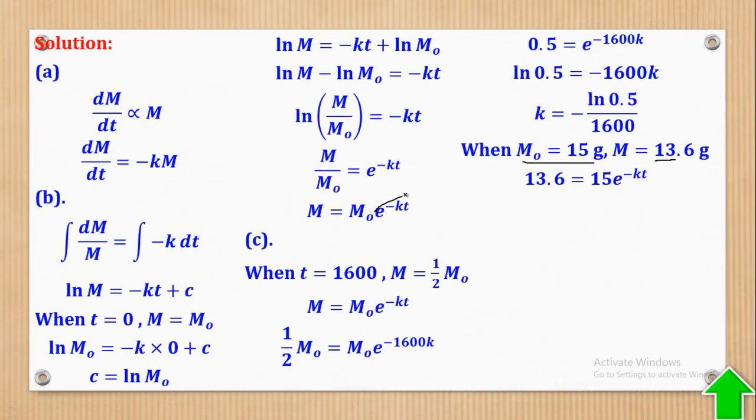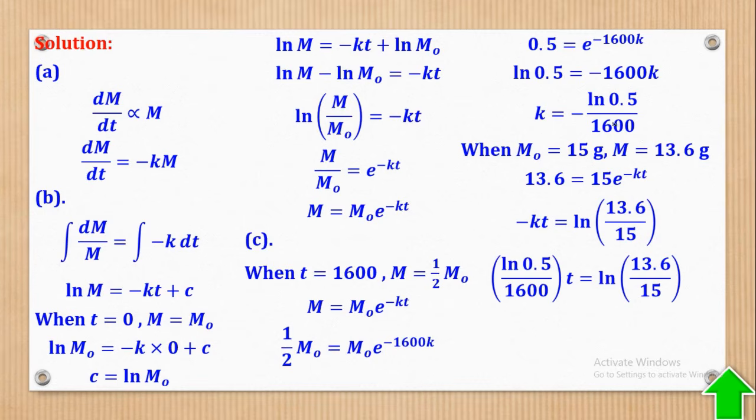So m is 13.6, m0 is 15, to come up with that. The good thing, we know the value of k, so we shall substitute for k. So this, taking this one this side, gives you negative kt equal to ln of 13.6 over 15.